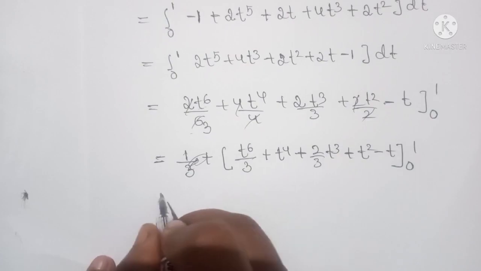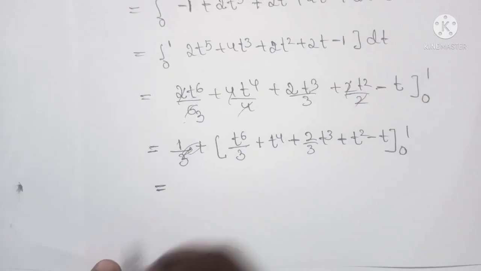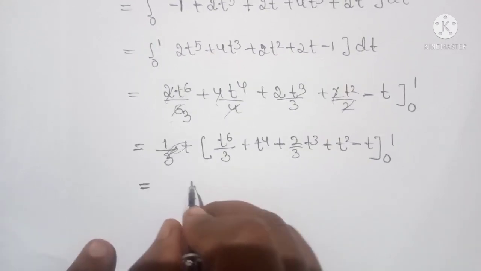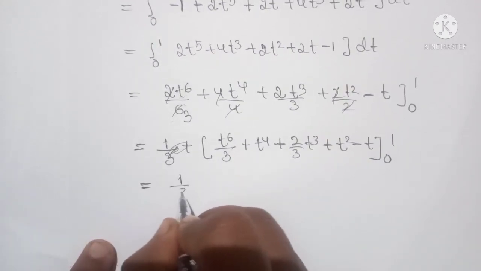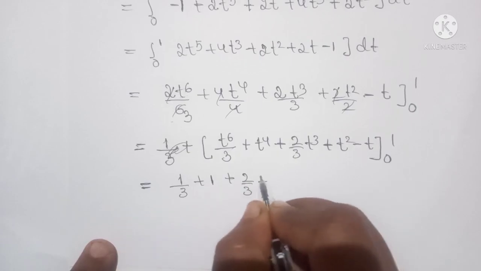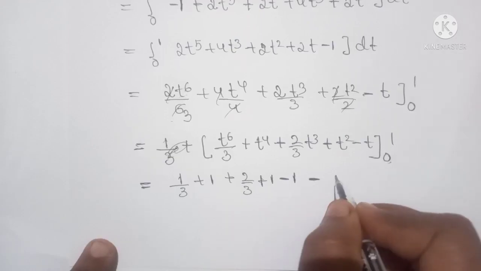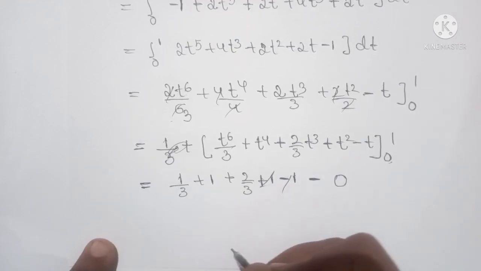So simplifying this one we get 1 by 3 plus 1 plus 2 by 3 plus 1 minus 1 minus the lower limit equal to 0, plus 1 minus 1 cancels.